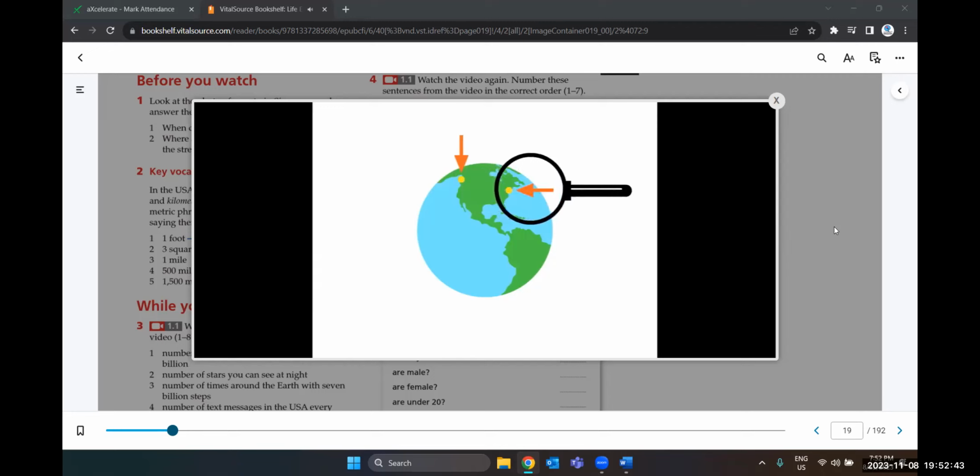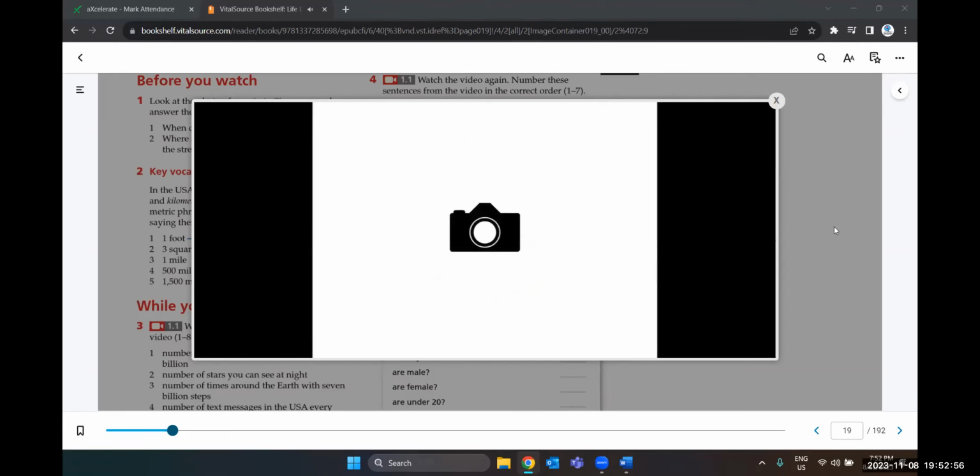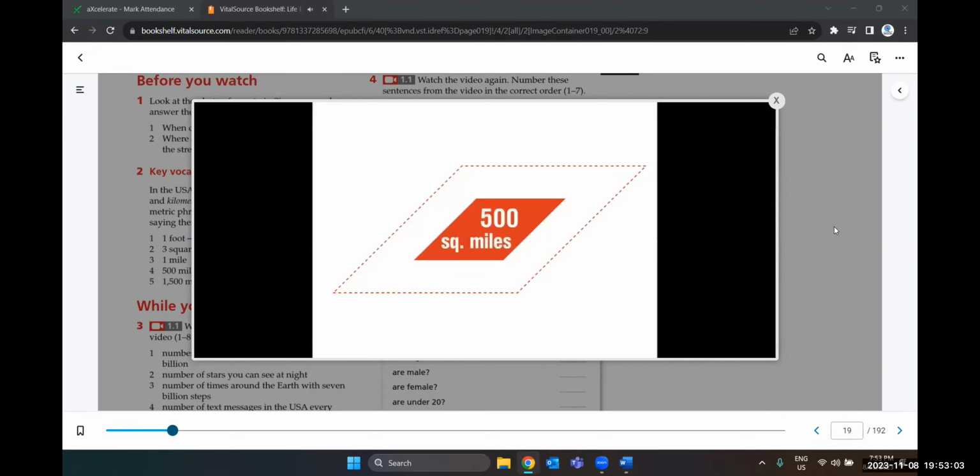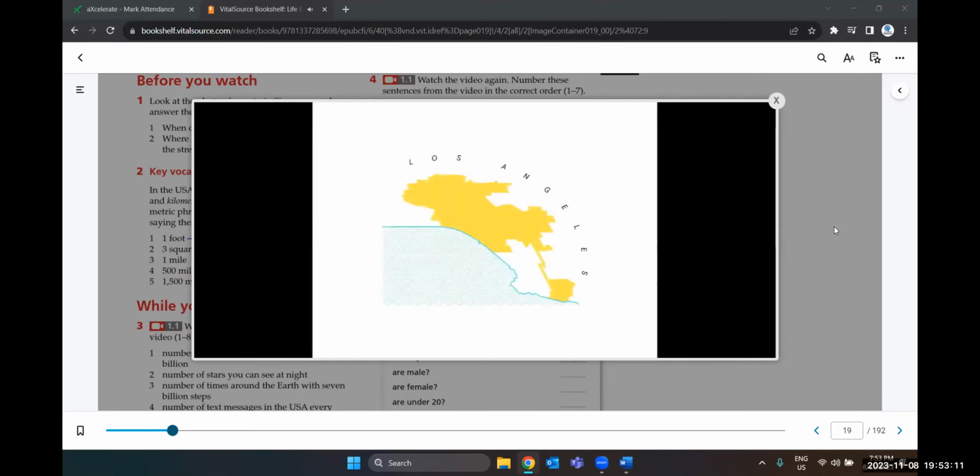It's 1,500 square miles. What about French Polynesia? Its islands are beautiful, and they are about 1,500 square miles. Oh, and for a photograph of 7 billion people with everyone next to each other, we need an area of 500 square miles. Yes, 7 billion people in 500 square miles. Los Angeles is 500 square miles, so we can take the photograph there. Here comes the photographer in a helicopter. Smile!